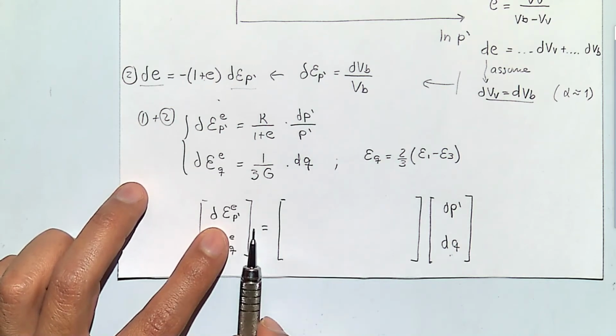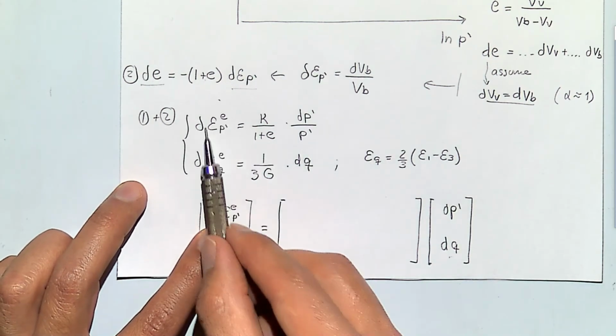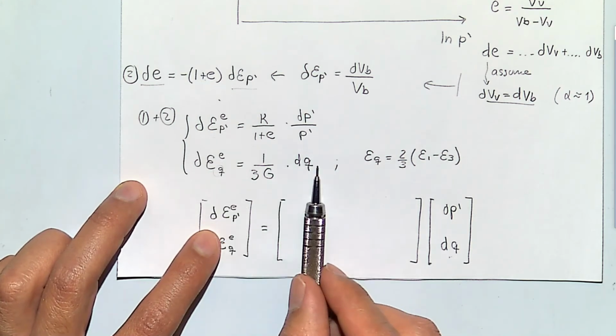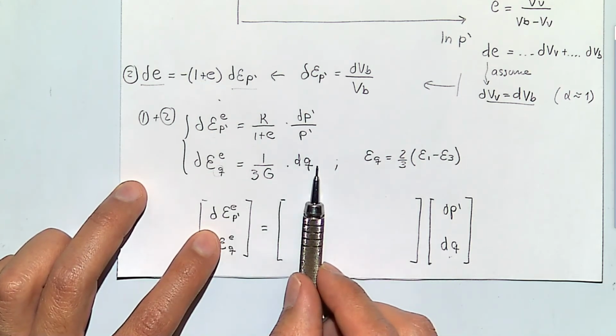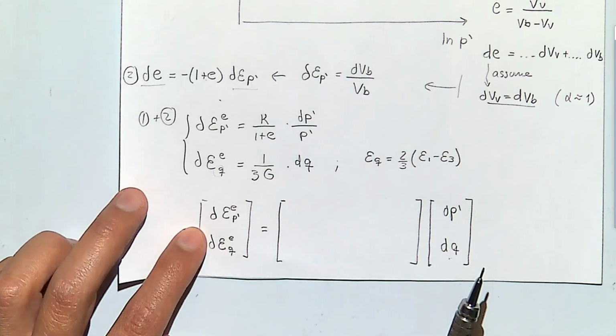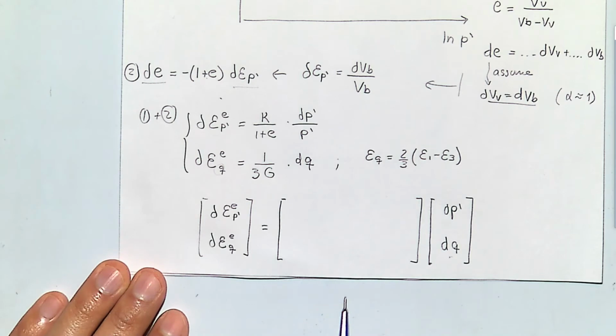It's a little bit more obvious from the equations that you see that in this equation there is no Q, and in this equation there is no P prime. So as long as you keep P prime the same, if you change the deviatoric stress, say you make one stress larger and the other one smaller, but at the end of the day the mean stress is the same, volumetric strain should not change according to these equations.